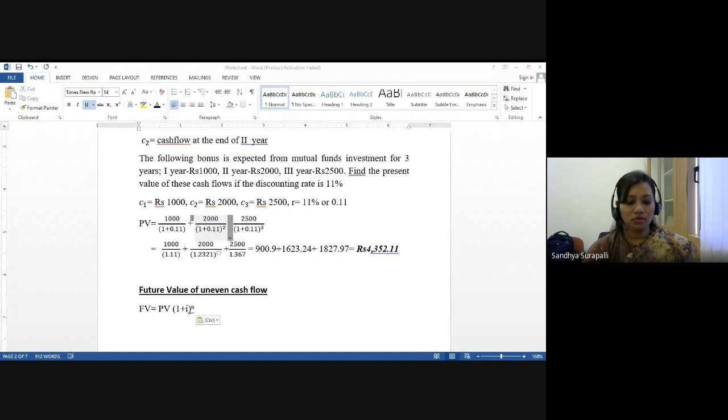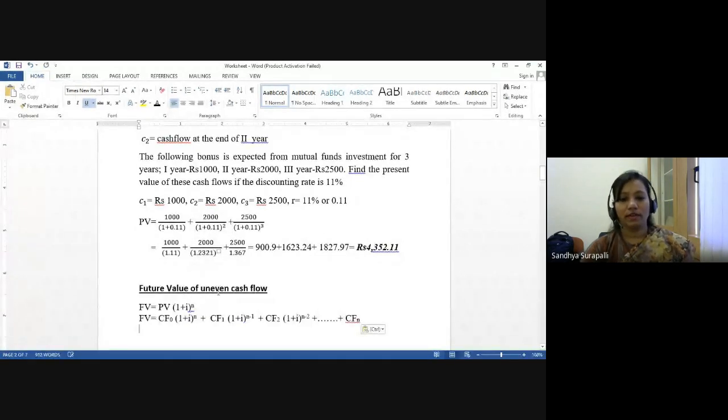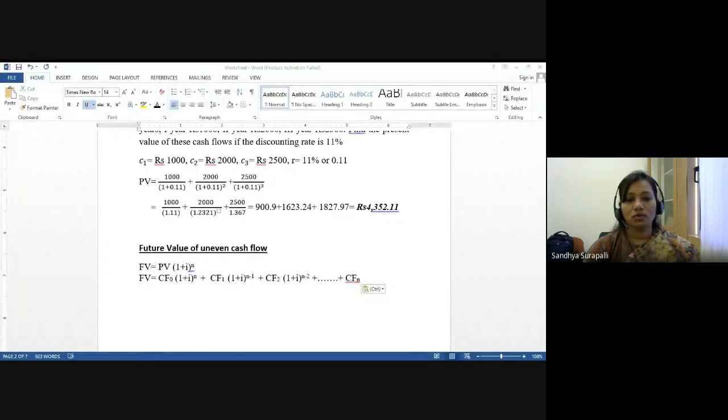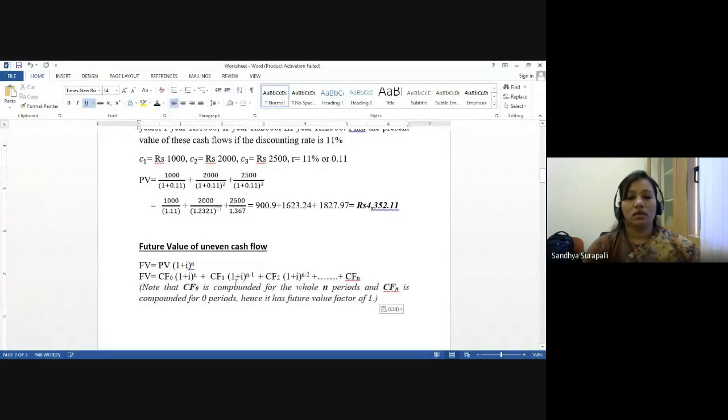So the formula is different for this. Cash flow 1 is whatever you are going to receive at the end of the first year, and that will be multiplied using n. Here I or r both mean the same thing, and again you will get confused, so I will use r only.